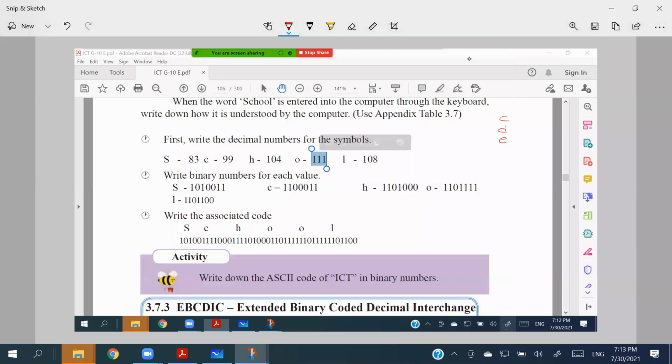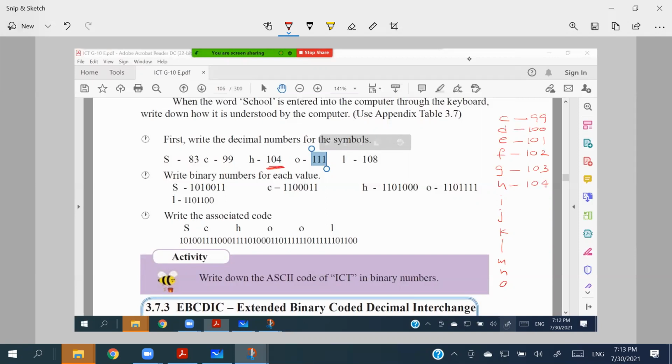C, D, E, F, G, H, I, J, K, L, M, N, O. So if C is 99, D is 100, E is 101, F is 102, this is 103, and this is 104.